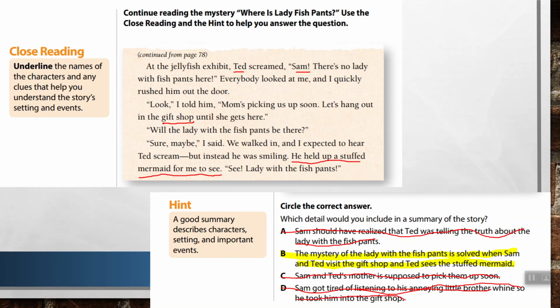Remember, when you're writing your summaries, you include only the most important parts of the story, which would be the characters, important events, and the theme from a story. In this case, one of the themes might be a mystery solution might come from an unexpected place. Sometimes we are surprised by the solution because it's an unexpected solution.